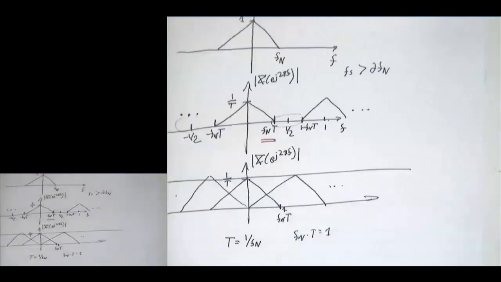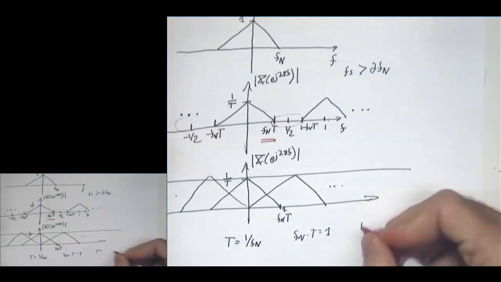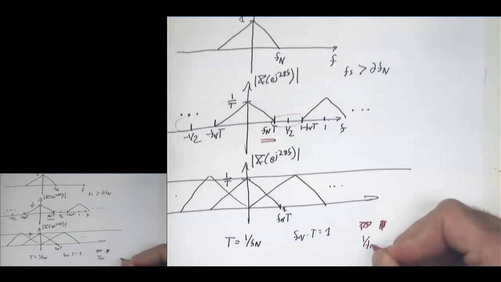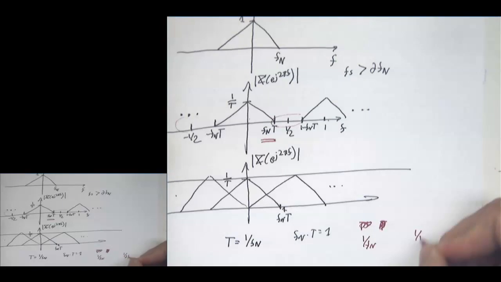And I'll give you one more here. Suppose that T is between 1 over f_N and 1 over 2 f_N.